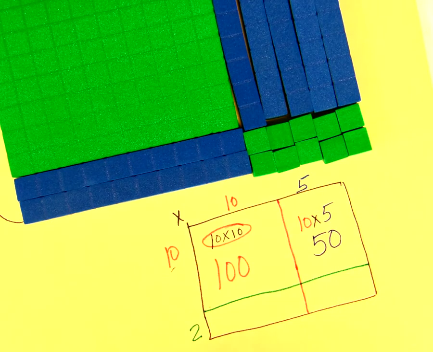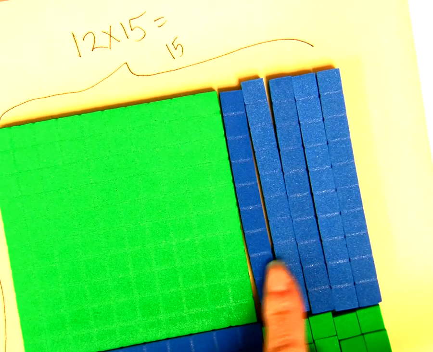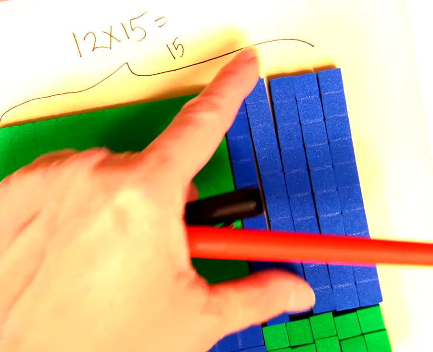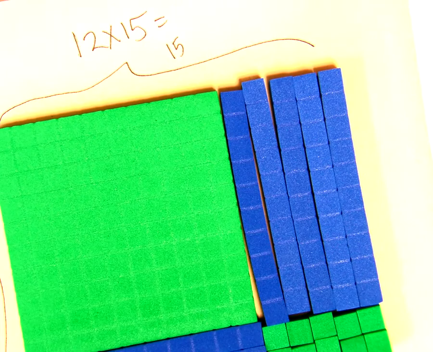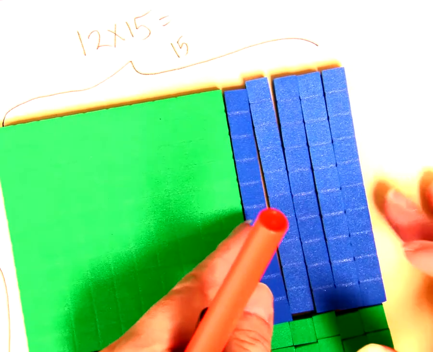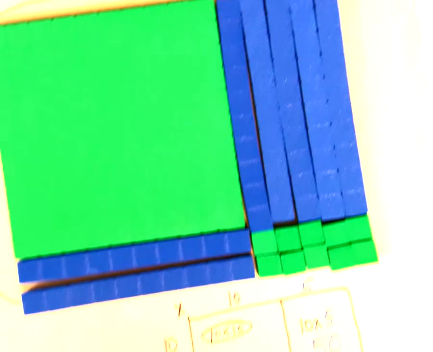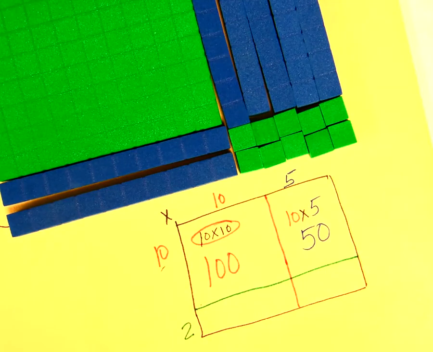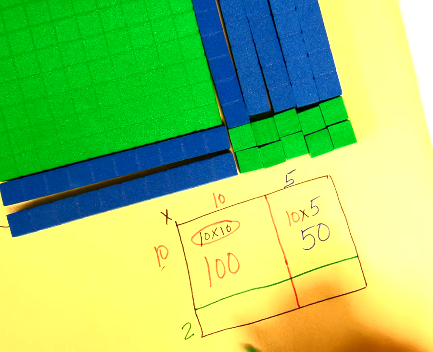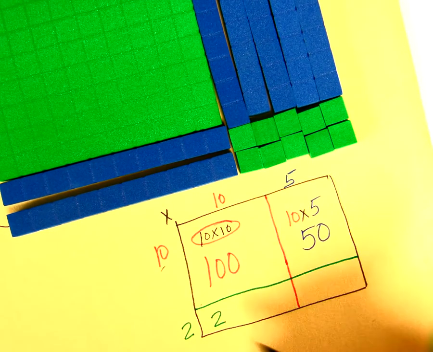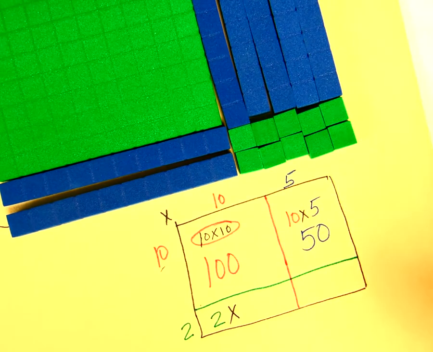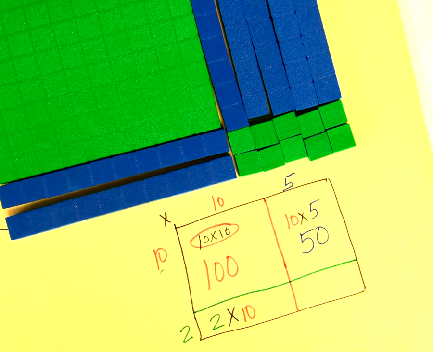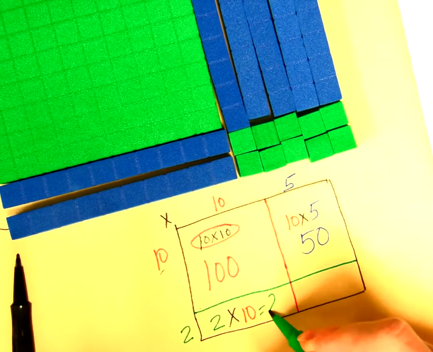Okay? And if I go back up here, this is 10 groups of 5 or 5 groups of 10. We can think about it either way. 10 groups of 5, 5 groups of 10 make 50. And then if I look down here, this is saying 2 times 10, and that makes 20.